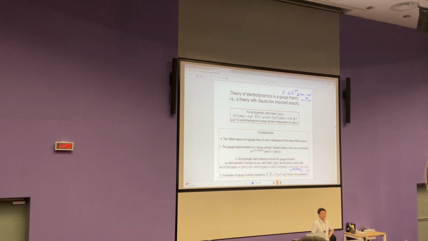Imposed exactly means this equation is true for any physical state. For any gauge transformation, you can find the related Gauss law. That's the generator of the gauge transformation.